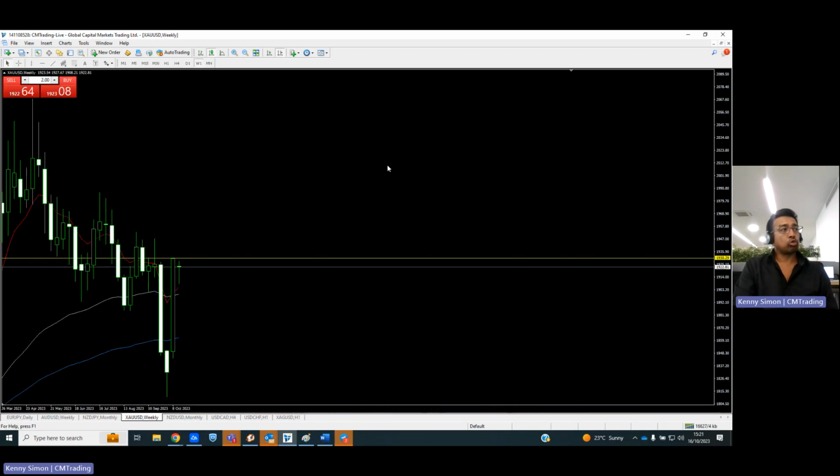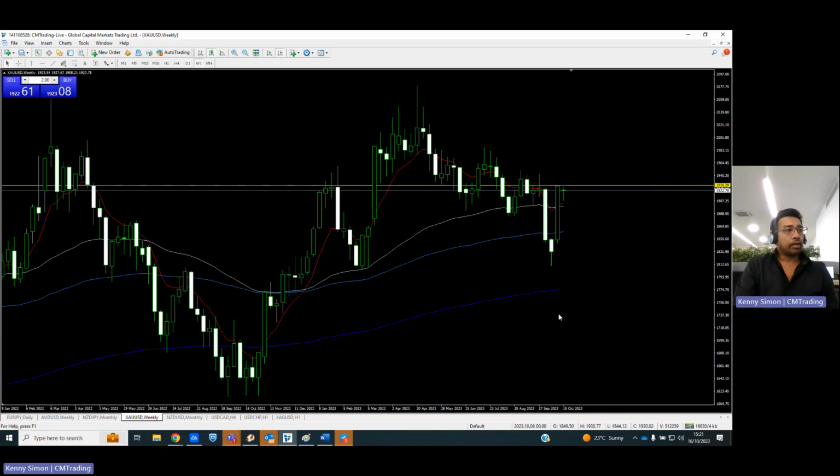But we could always go on to the weekly chart as well and get a better idea of how the closing price of that mother candle was also respected by other candles in the past. As you can see right here, the turnaround of price was very close to the opening price of that bearish mother candle, and then we have got another opening price of that bearish mother candle right there.